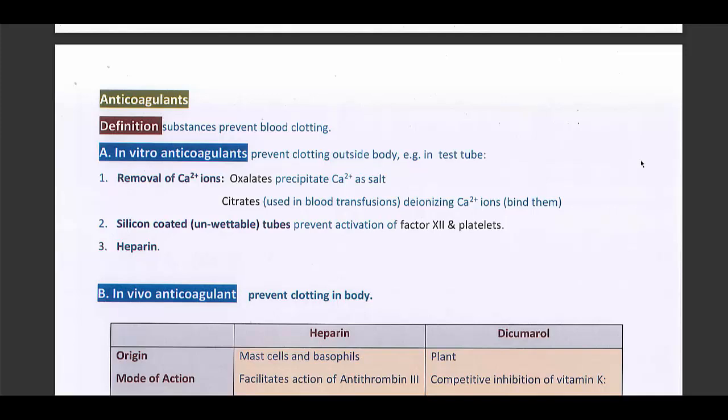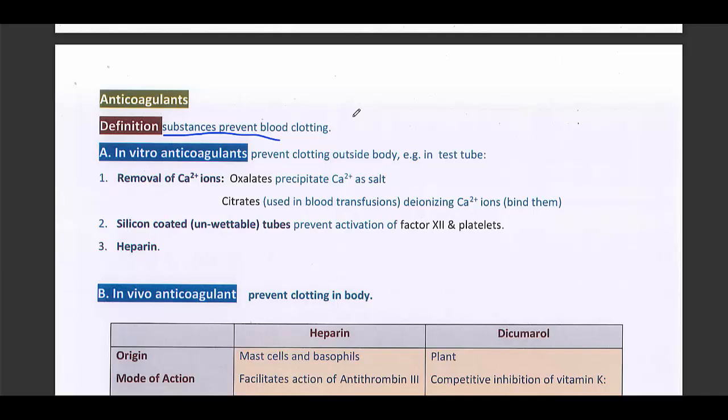Anticoagulants. Now the definition of the anticoagulant is: it is the substance that prevents blood clotting. It simply prevents the pathways of blood clotting, the intrinsic pathway and extrinsic pathway.